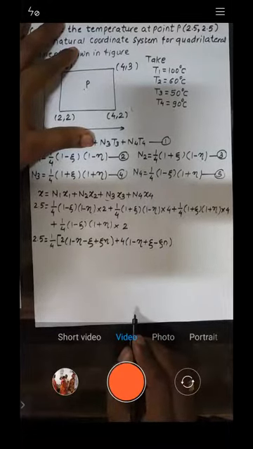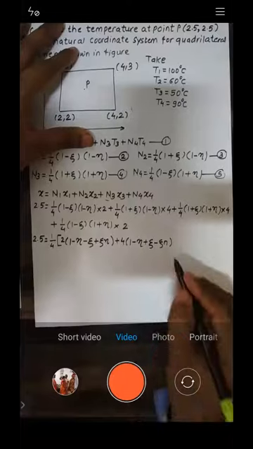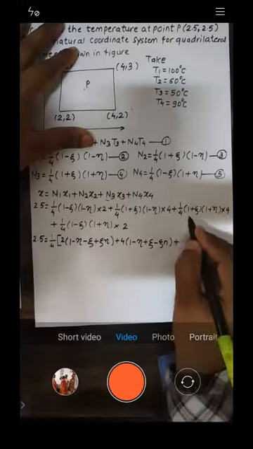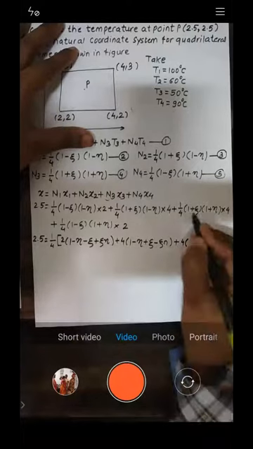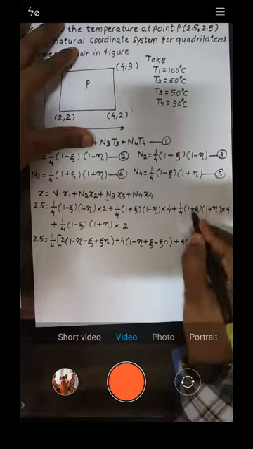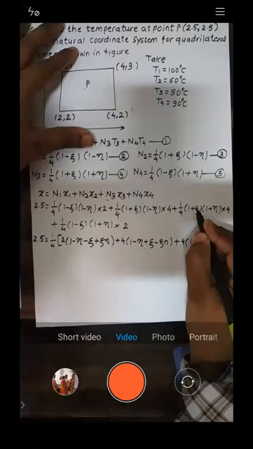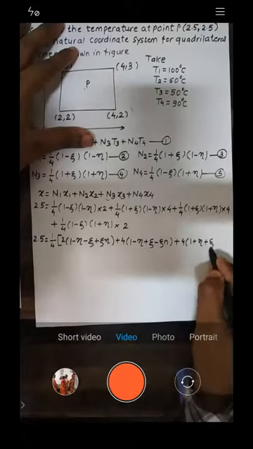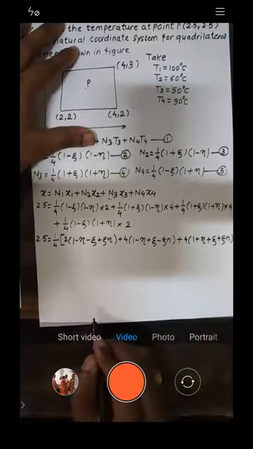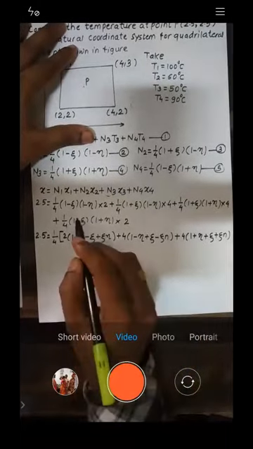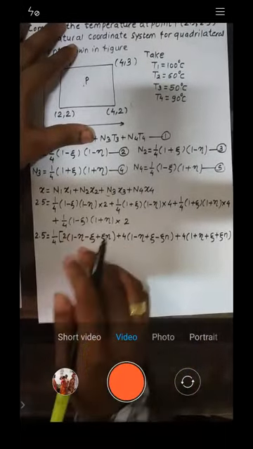Then again plus. This 1 by 4 I have already taken common, so what is remaining? It's 4. 1 into 1 is 1. 1 into neta is neta. Zeta into 1 is zeta. Zeta into neta is zeta neta, right? Next, I will do this one. 1 by 4 is already taken common, so what is remaining? It's 2.